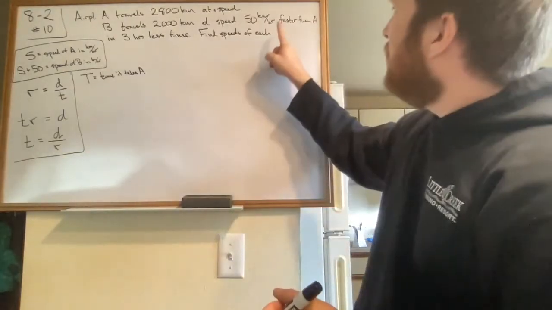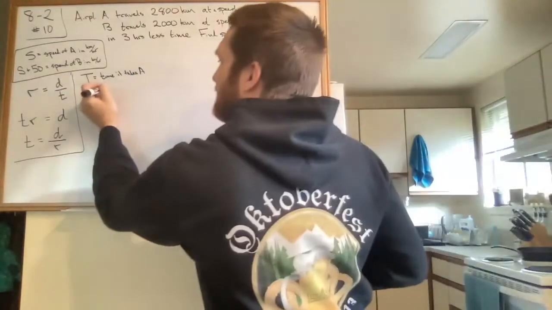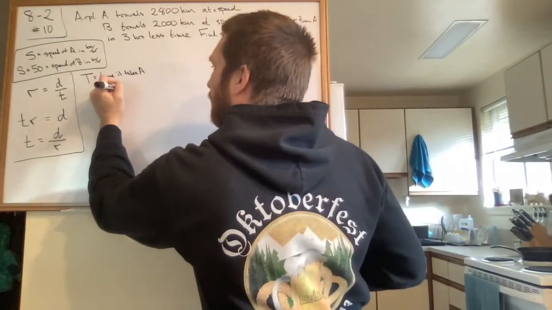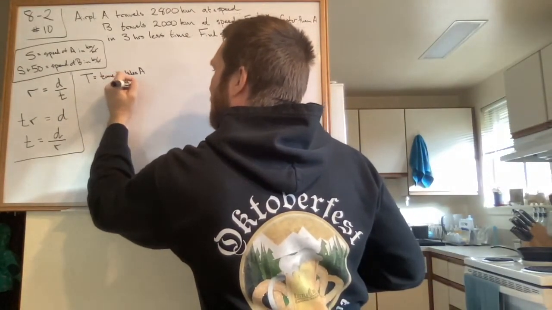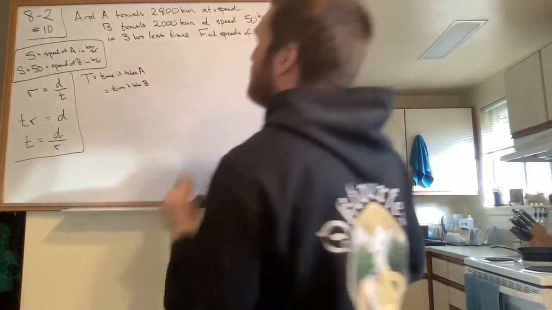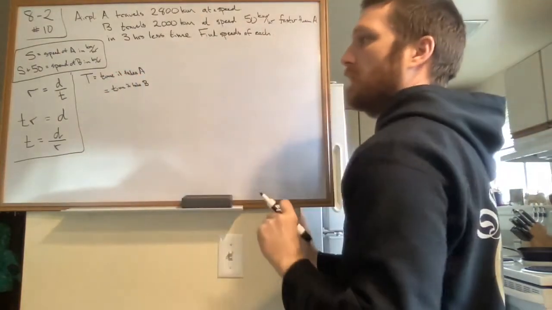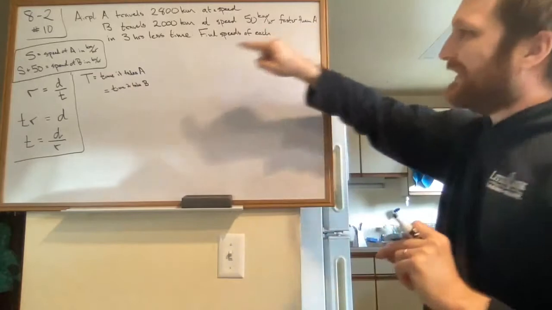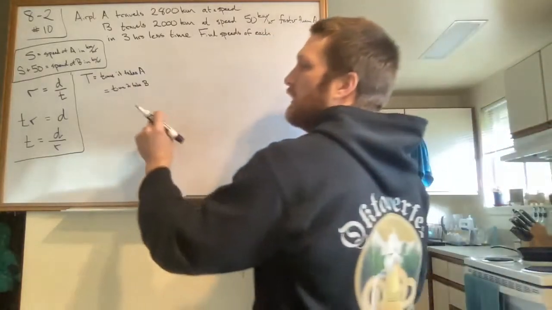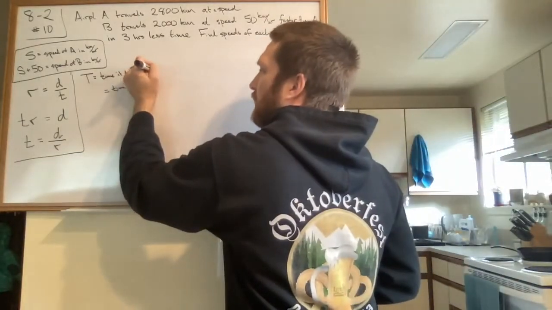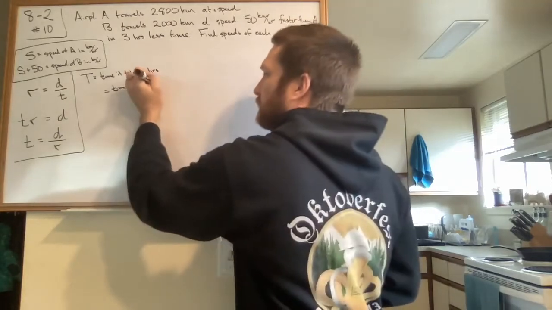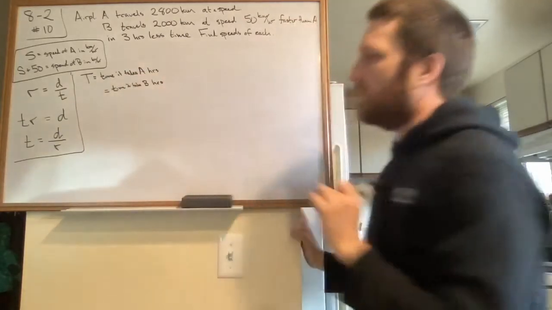Then the time that it takes B to go its distance of 2,000, if it's 3 hours less, right? Oh, I didn't write this in hours. This is in hours, right?